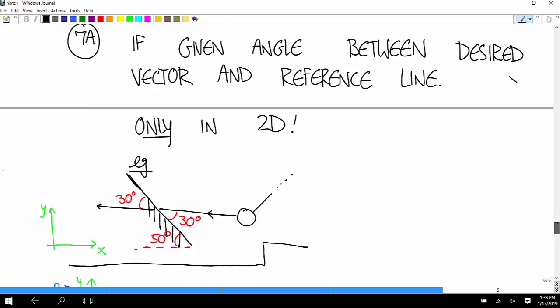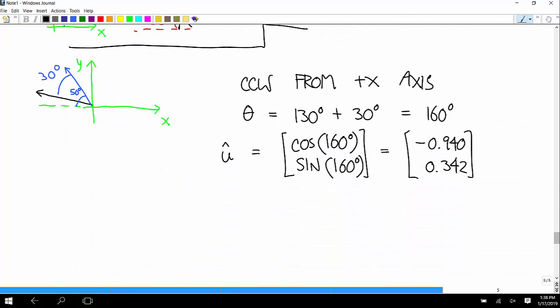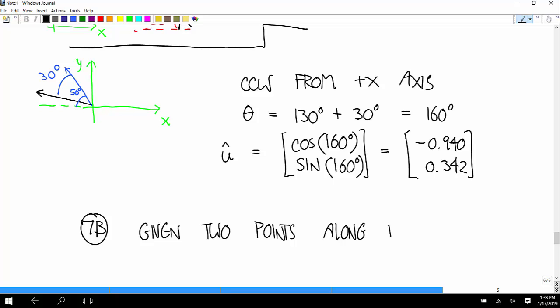The other type of unit vector we're often going to use, so this is 7b, is instead of knowing the angle between the vector and some reference, we're given 2 points along the vector's path.